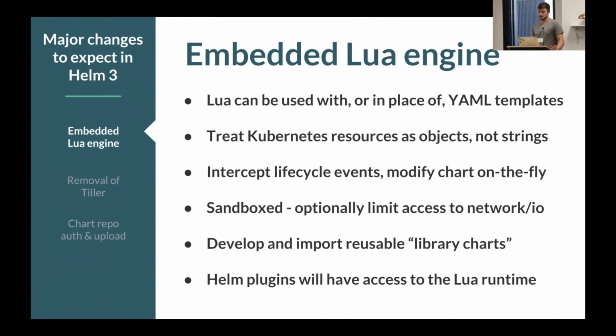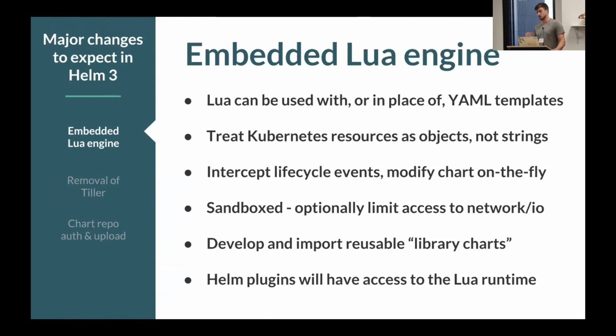With this, you're basically going to treat Kubernetes resources as objects instead of strings. So if anyone has familiarity with the module troposphere to CloudFormation, it's the same idea where you're basically using a programming language to create a text file or a YAML file in this case that defines your infrastructure.